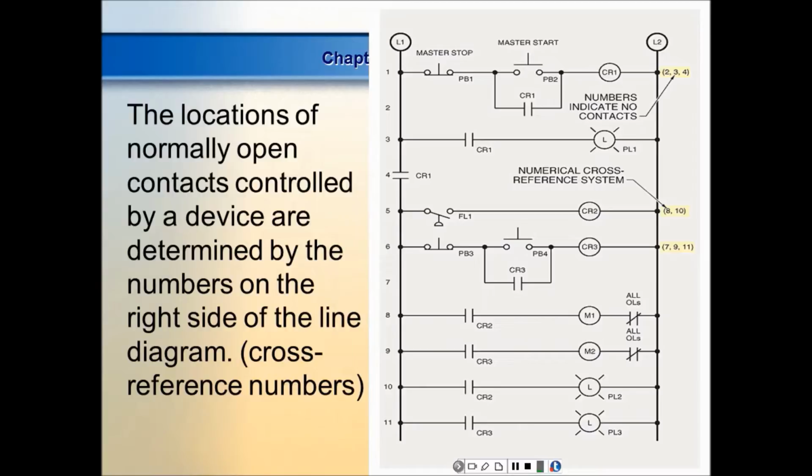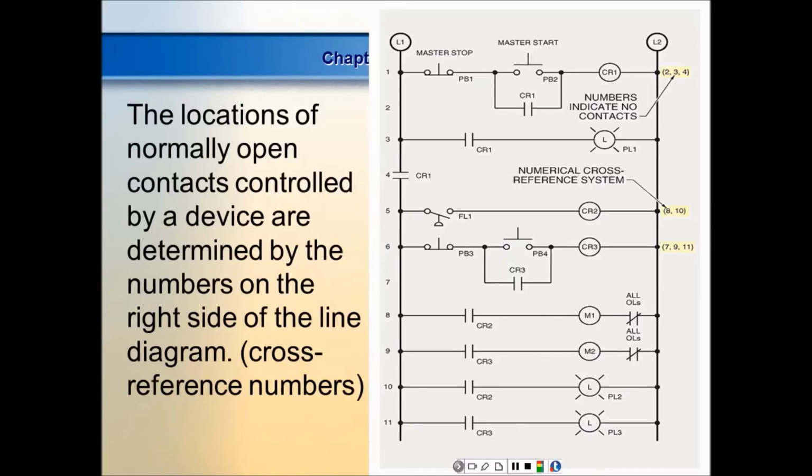But CR has contacts. Well, look at the first thing it says. So the name of that relay is CR1. Every contact that is controlled by that relay should have a label above it called CR1. Okay. So I look at line 2.